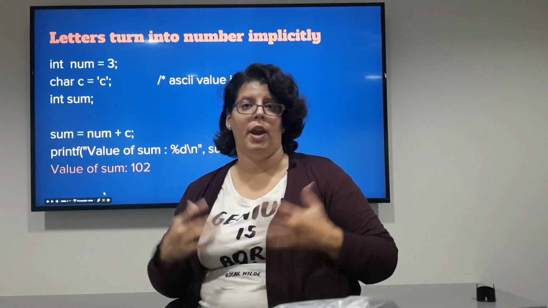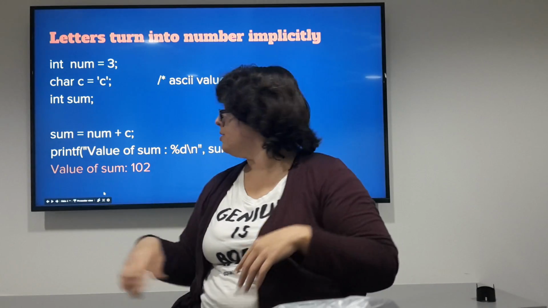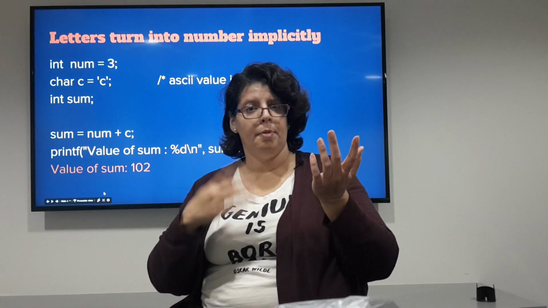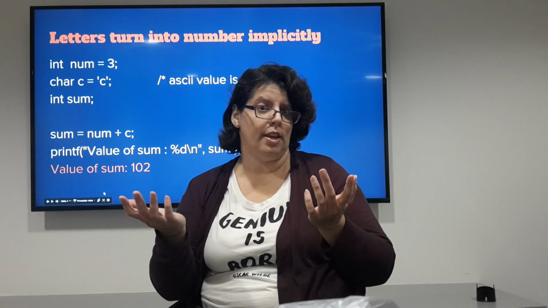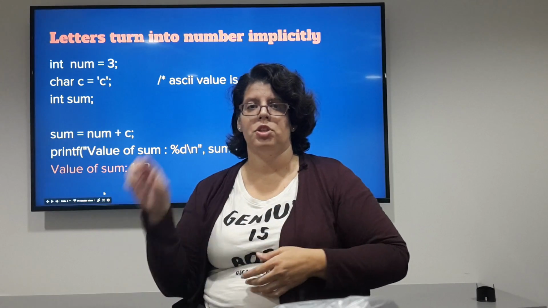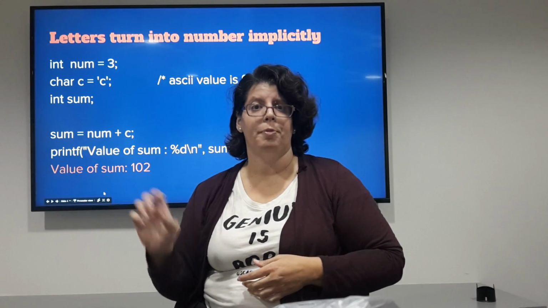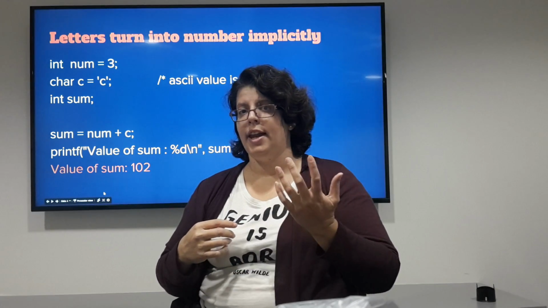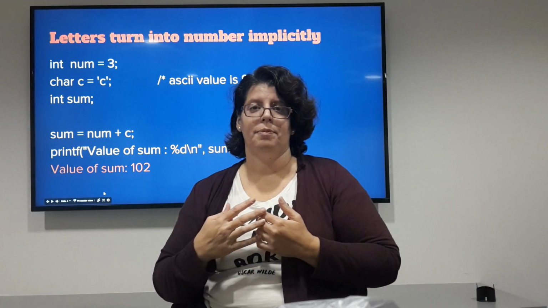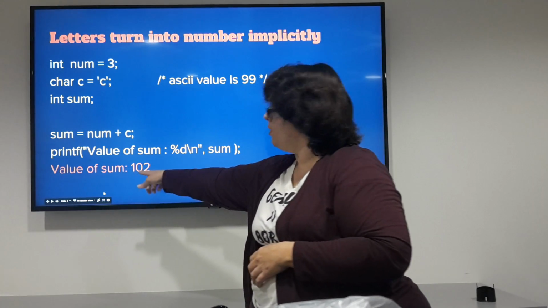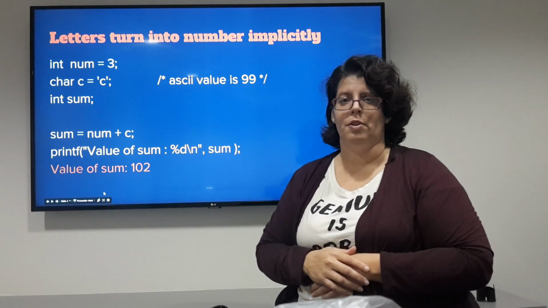And I'm like, oh, so what I'm really going to be adding up is num, which is 3. So I'm adding up 3 plus 99, which is c. So the actual implied conversion was to change that letter c to 99, put it into the equation, and then add. So 99 plus 3 winds up being 102. So my answer says value of sum equals 102.